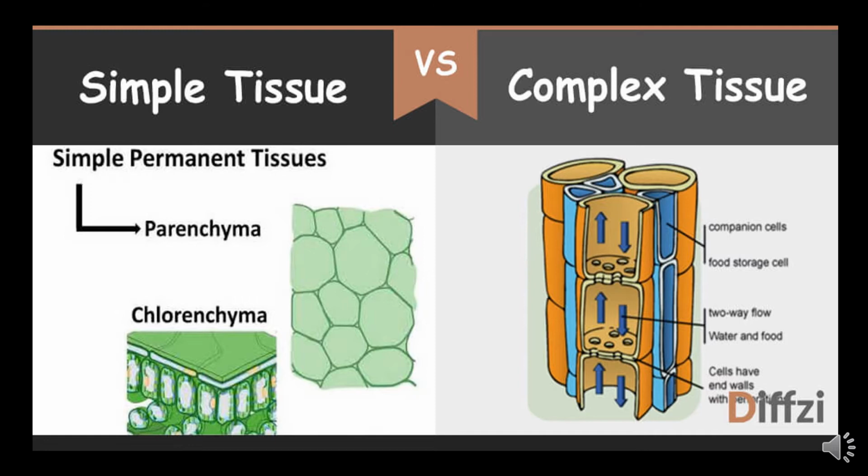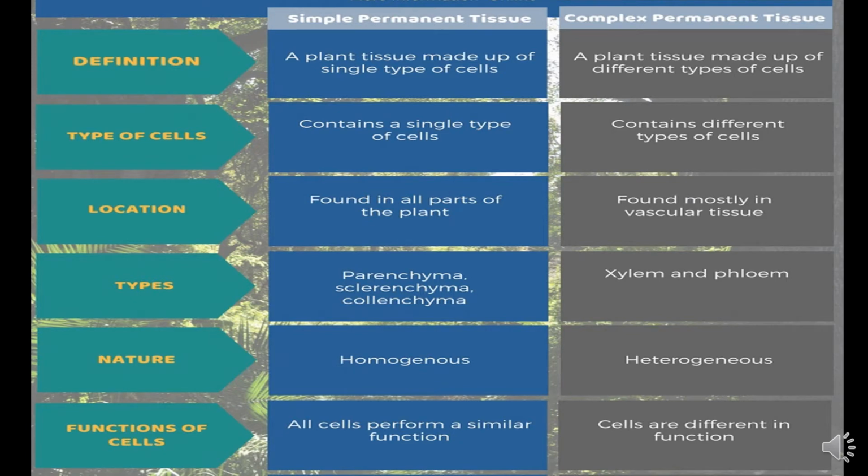So on the basis of the type of cells, permanent tissue is classified into two types. Simple tissues are made up of the same type of cells, whereas complex permanent tissues are made up of more than one type of cells. Let us see how they are different from each other.